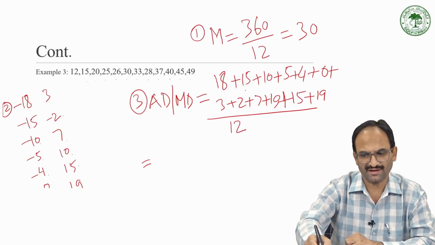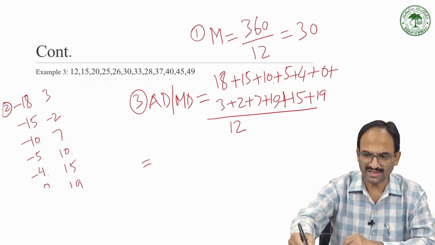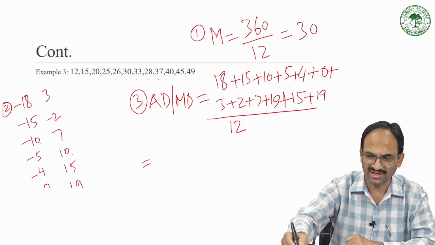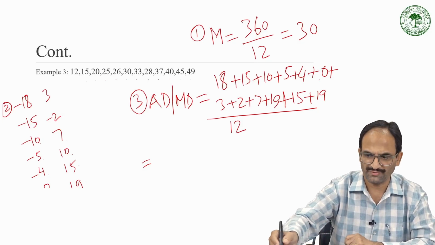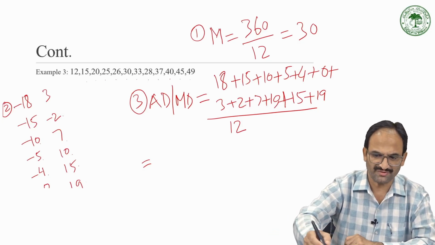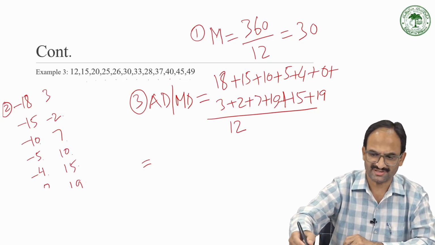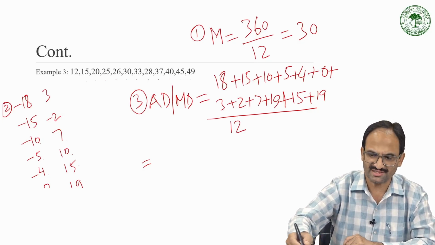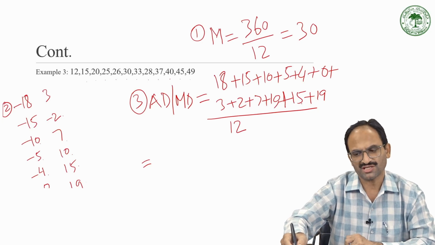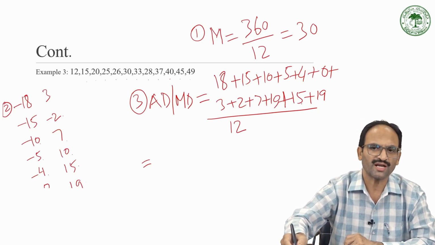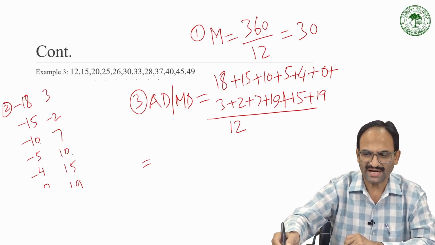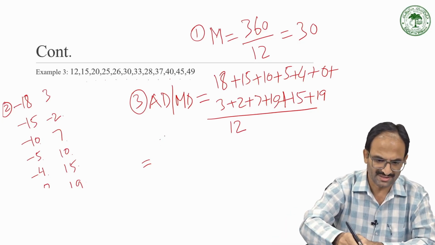So, what the sum comes out to be? 18 and 15, 33, 33 and 10, 43, 43 and 5, 48, 48 and 4, 52, 52 plus 3, 55, 55 plus 2, 57, 57 plus 7, 64, 64 plus 10, 74 and of course 74 plus 15 will be 89 and 89 plus 19 will be 108.